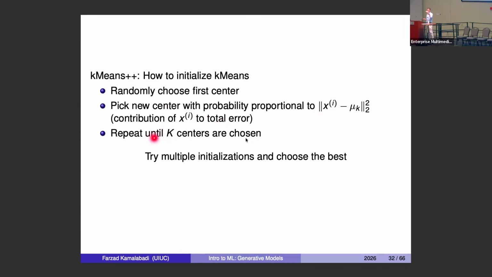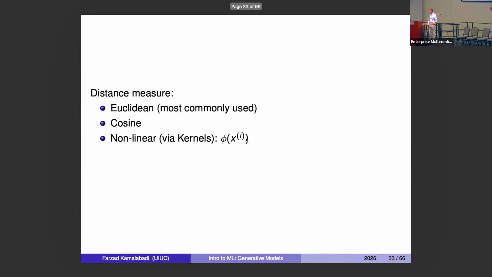And you repeat in a sequential way until the initialization of the cluster centers before you start the iteration is done using this method, so that you come up with a better dispersion of the initial randomization. The upshot is that as you are going to be playing with clustering with k-means, it's important to understand the role of initialization, because you have an optimization problem that does not have a global minimum.